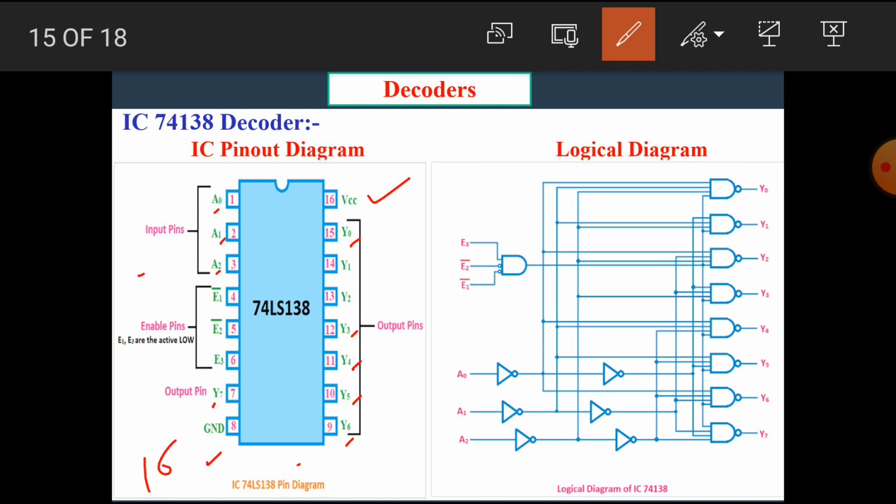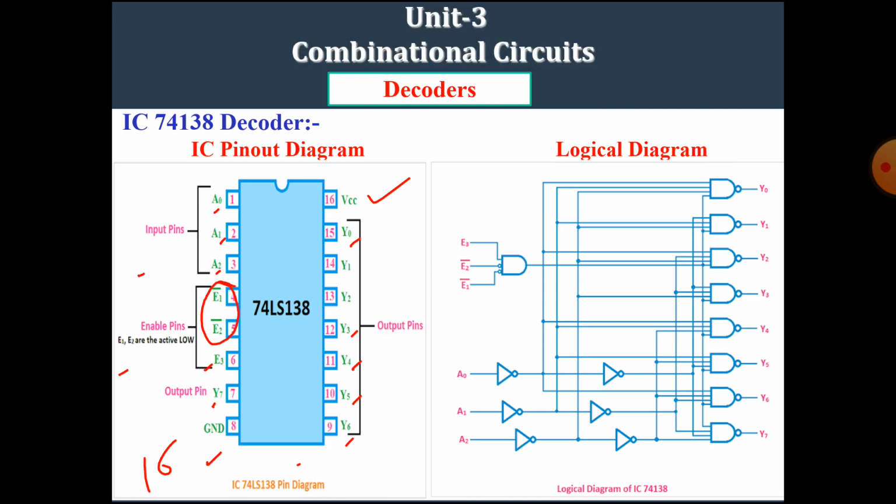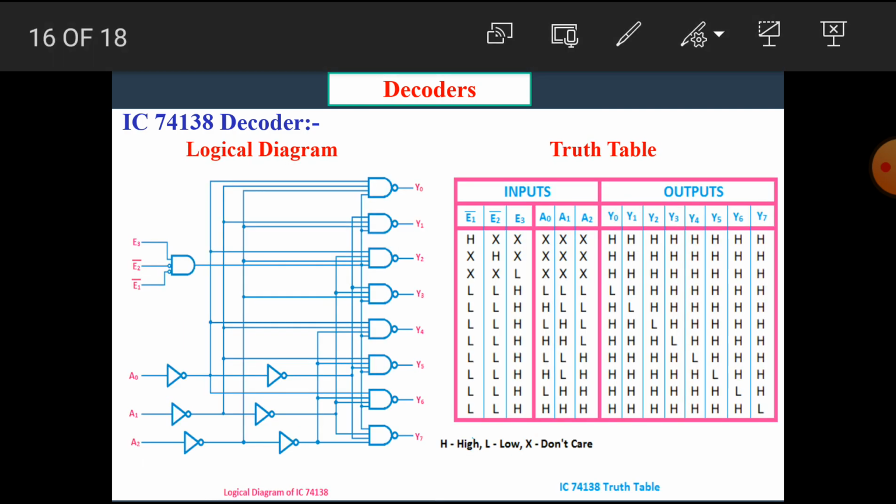Here the 3 enable pins E1, E2 and E3, out of which E1, E2 are active low and E3 is active high. Okay, depending upon these pins we can draw the truth table for this IC.